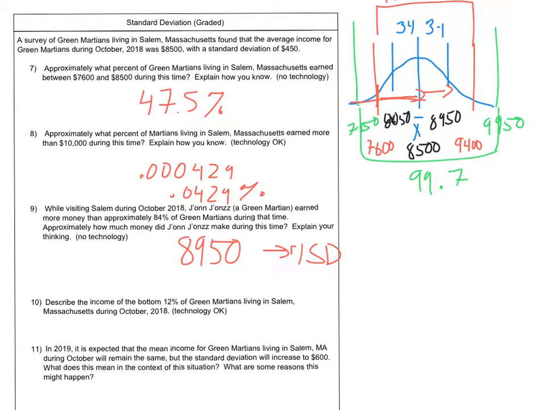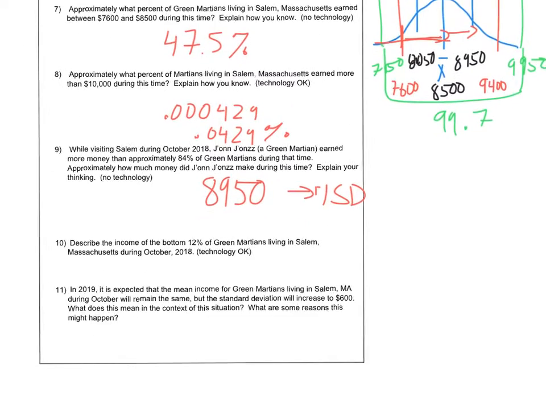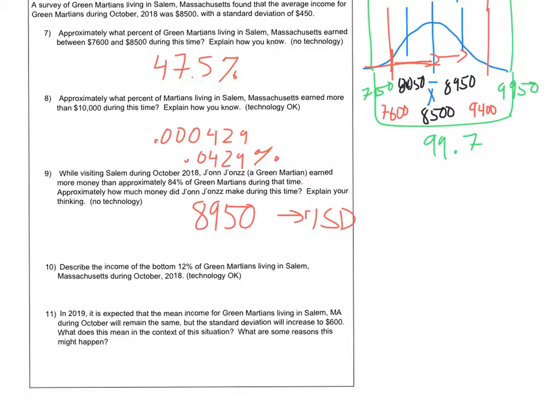The bottom 12% of green Martians in Salem, okay, this is another technology one, because that's not one of the numbers we can figure out. So I'm just going to start with like 8,000, and I got 13%, so that's pretty good. So maybe I'm going to jump to 7,800. That gets me 5%.